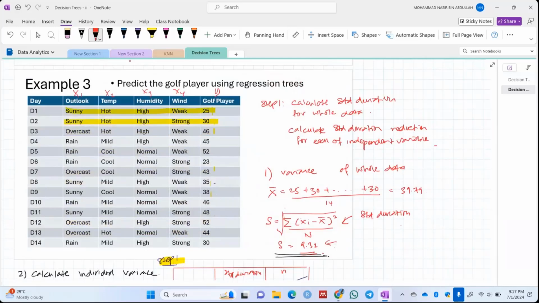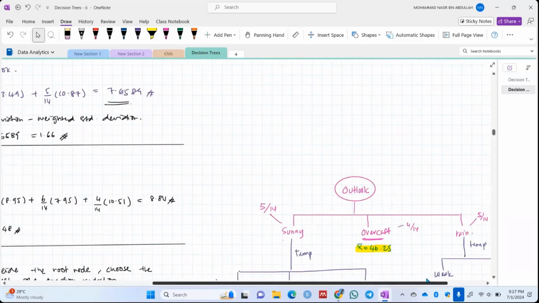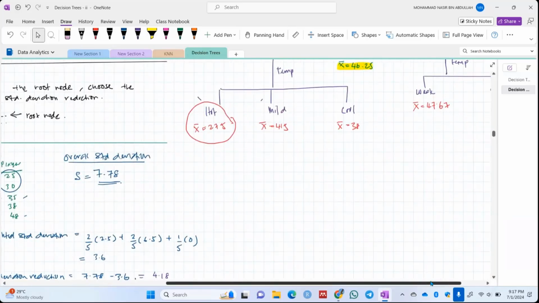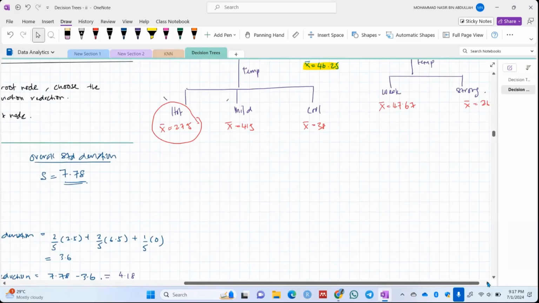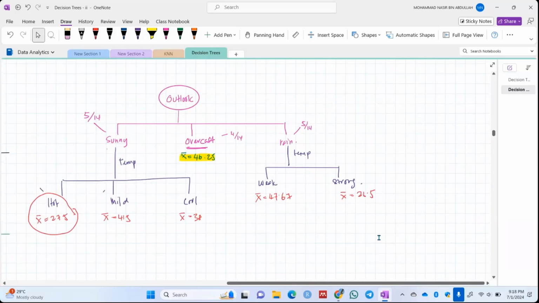We take 25 plus 30 divided by 2, so we get 27.5. This is how we construct a regression tree using the variance reduction method.